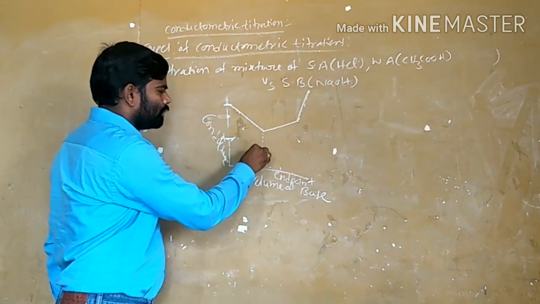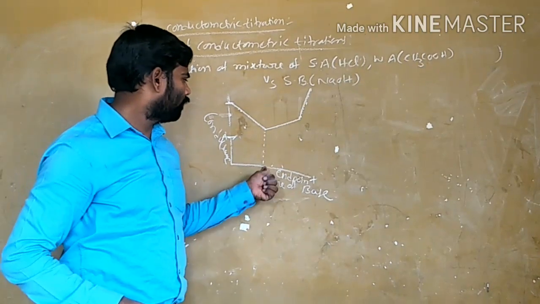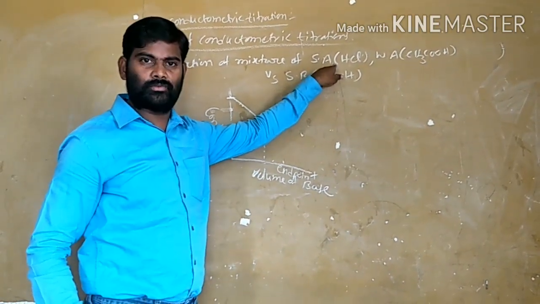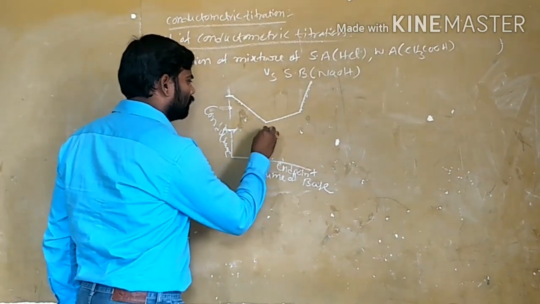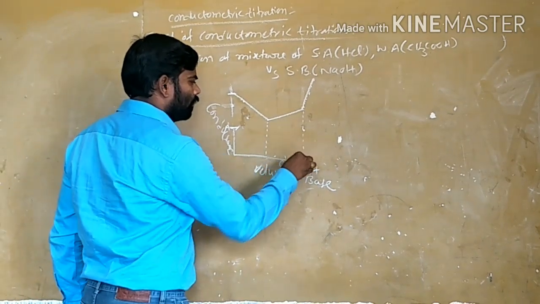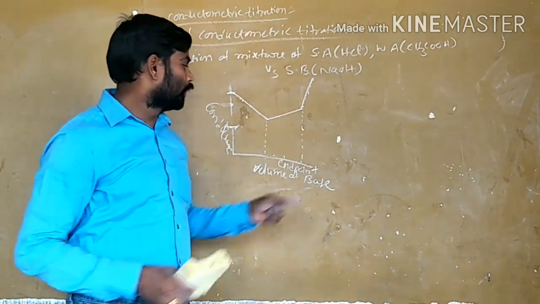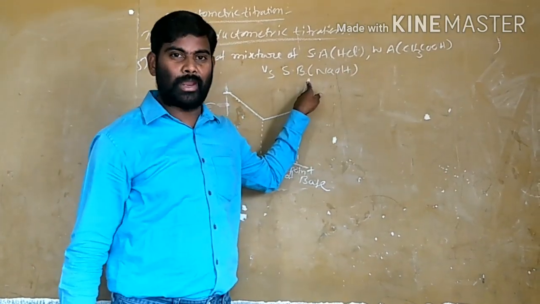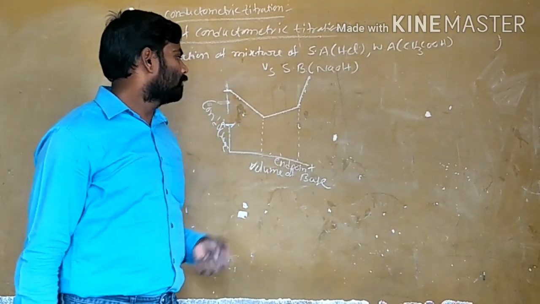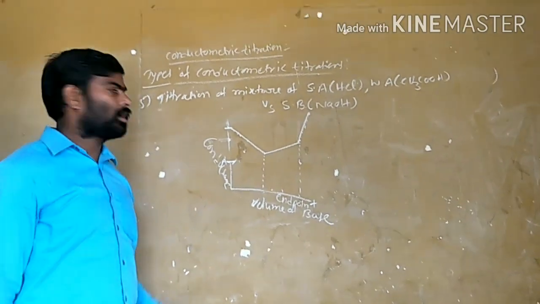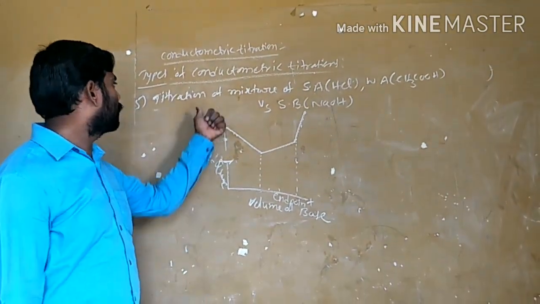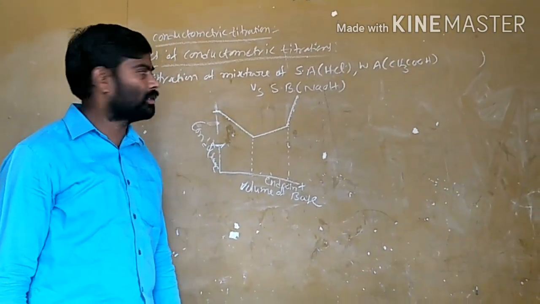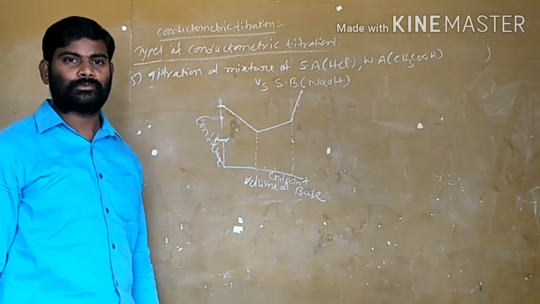This endpoint is what first? Neutralization of the strong acid. And this endpoint is neutralization of the weak acid versus strong base. This type of curve we get in the case of a mixture of acids versus strong base.